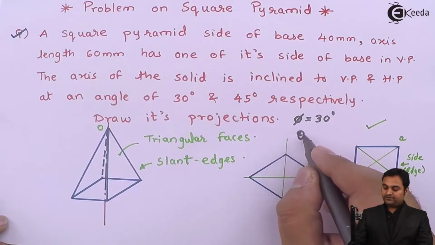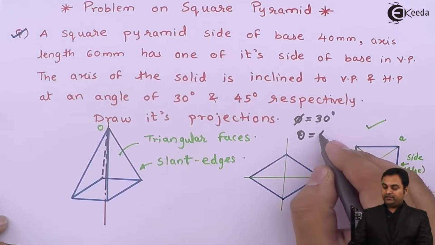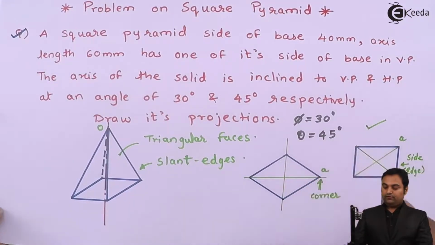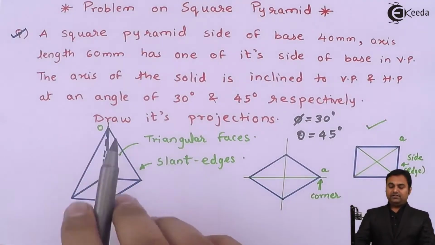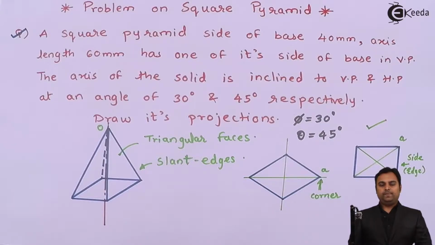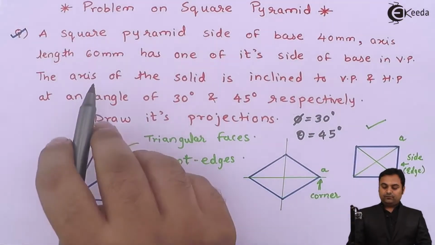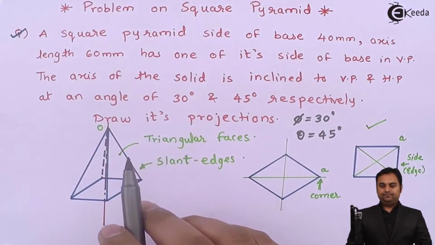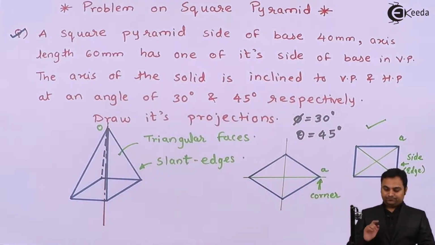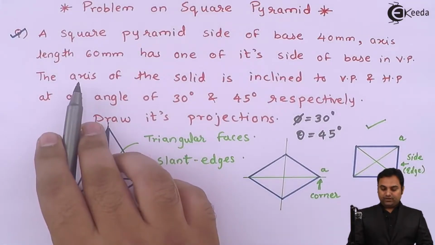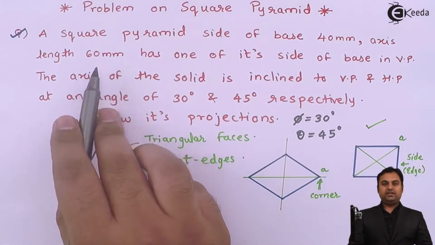Inclination with HP is denoted with theta and that is equal to 45 degree. Now, the inclination of the axis is given in the problem. That indicates the true length of the axis. It means whatever inclination is provided, that is for the true length of the axis, which is 60 mm.